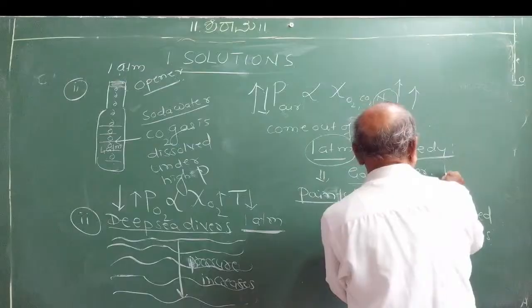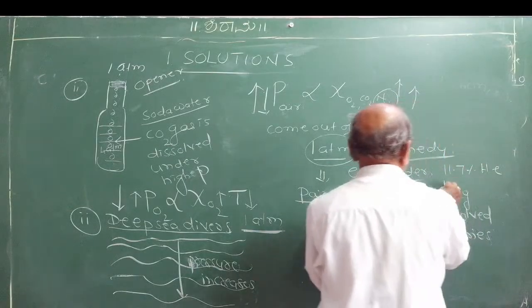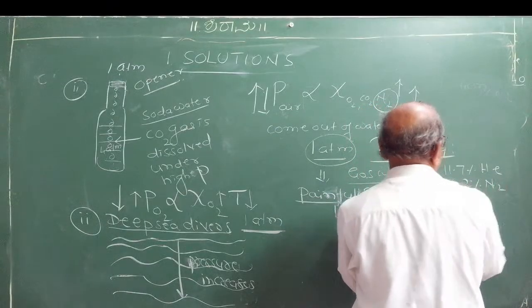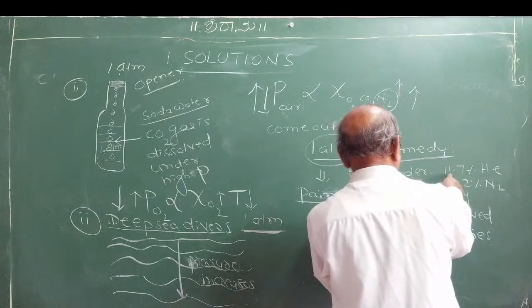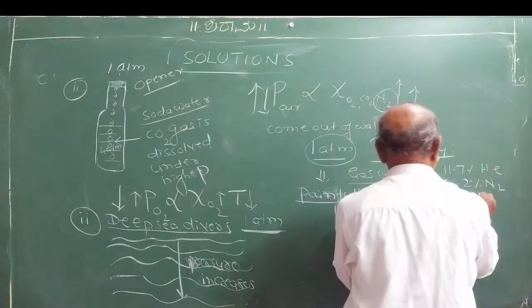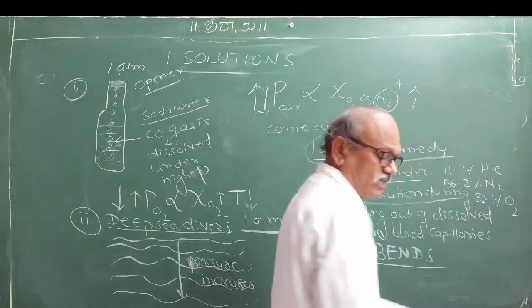Therefore, the gas cylinder will have 11.7% helium, note down correctly, 56.2% nitrogen, otherwise in the air it will be 70, and helium will diffuse and make it dilute, and 32.1% oxygen will be filled in the cylinders.